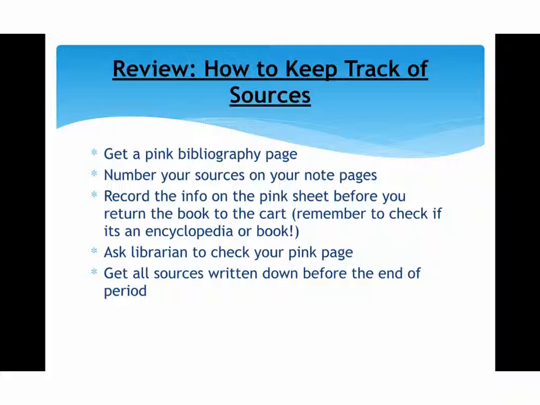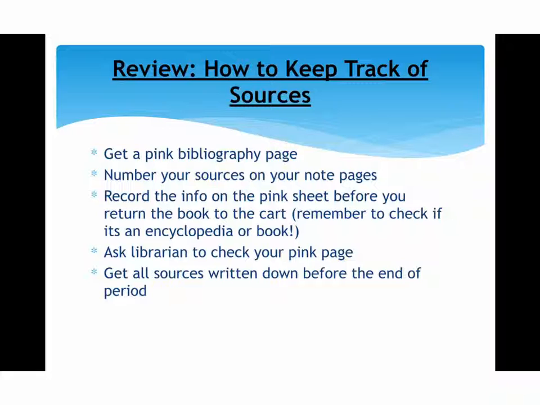Before you start even recording that information, though, you want to check to see if your source is an encyclopedia or a book. How can you tell the difference? Well, think about the World Book. How is the information in the World Book organized? It's alphabetical. In encyclopedias, in general, the information is alphabetical. Also, the book itself is organized into volumes.